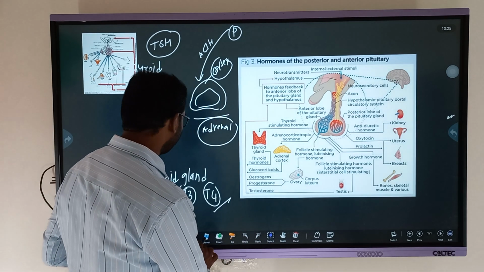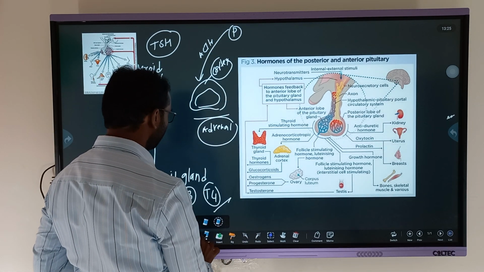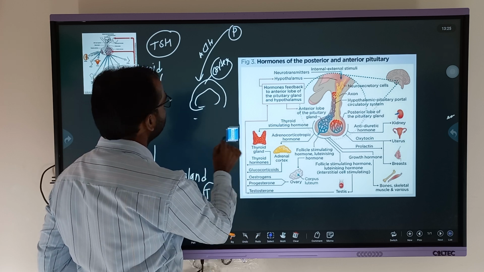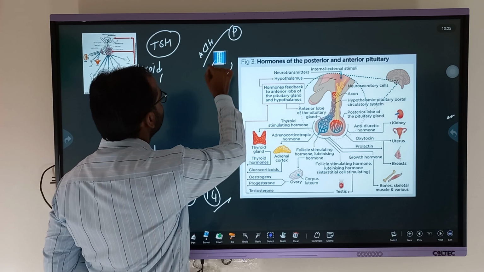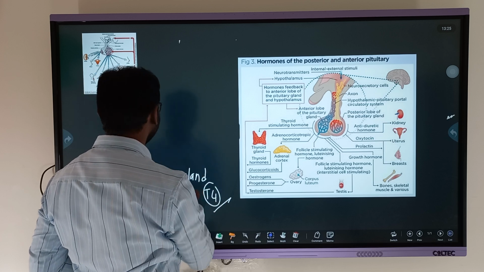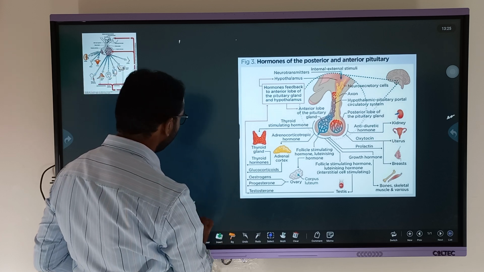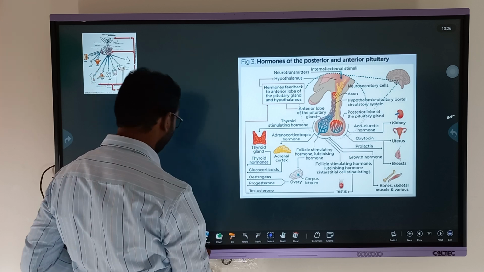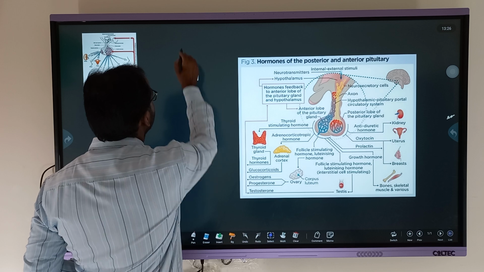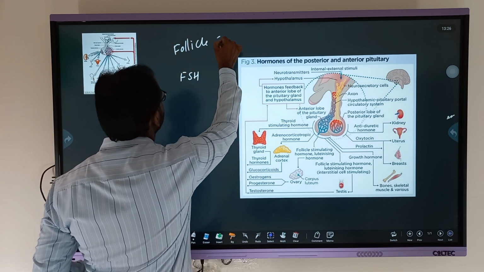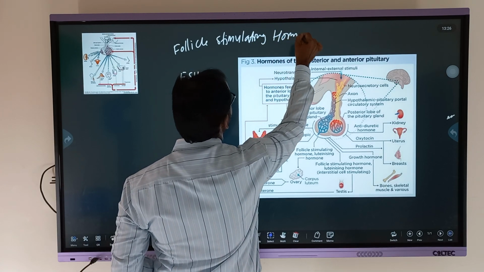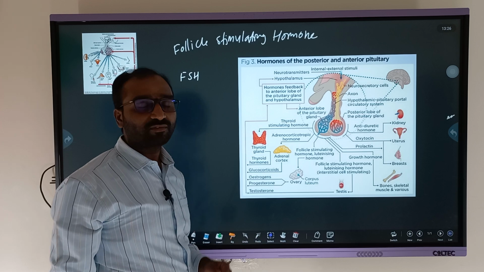FSH, follicle stimulating hormone. Actually, FSH and LH have separate functions in both males and females. FSH, what are you telling? Follicle stimulating hormone. Generally in females, what follicles?